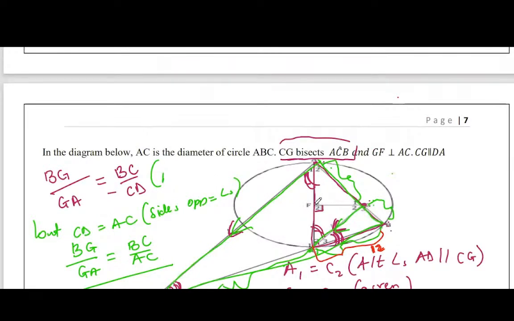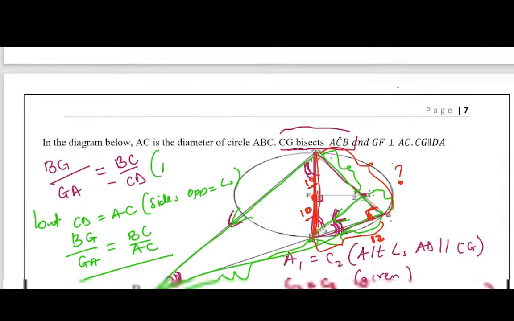Remember this was a diameter, so if this is probably our circle, I can make this a 10. One thing we know, if this is a circle and this was a diameter, this angle here has to be a 90, because those are angles in a semicircle. The question wants us to get AB, the distance of this side. So if it is a 90, automatically this becomes a right angle triangle. This 10 and that 10 will give us the hypotenuse.